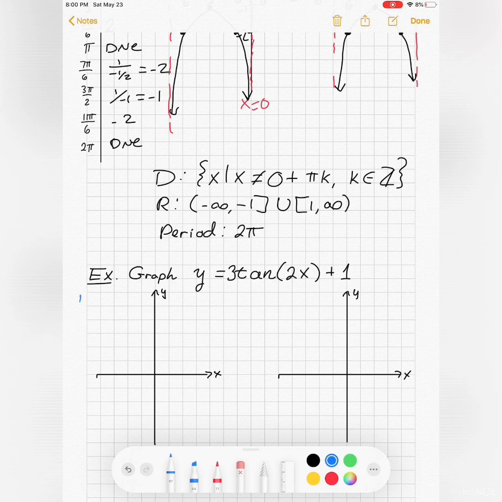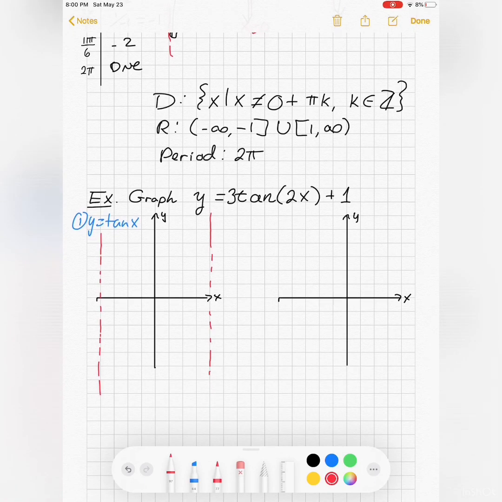So how do I do a rough sketch of tangent? Well, I remember a couple things. I remember the asymptotes are at the pi over 2's. And then I remember the key points are at the pi over 4's.